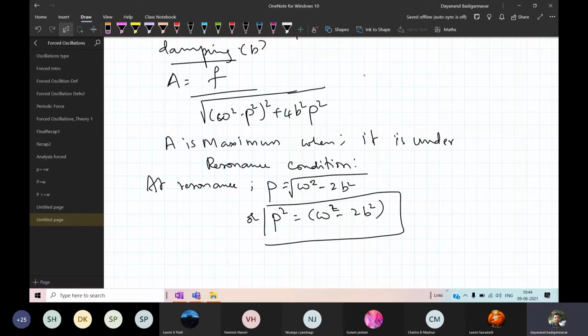Now I take the amplitude as equation number 1 and this as equation 2. Now you substitute 2 in 1, that is, substitute P square from 2 in 1.